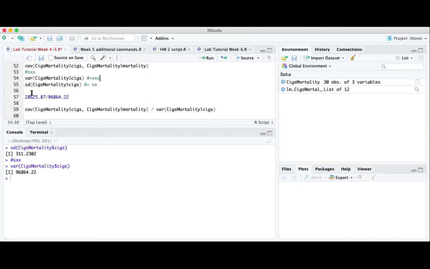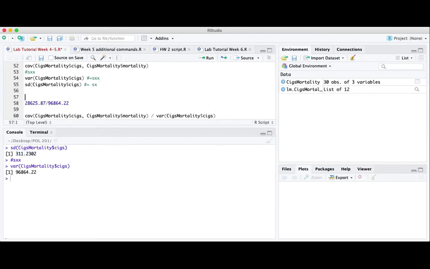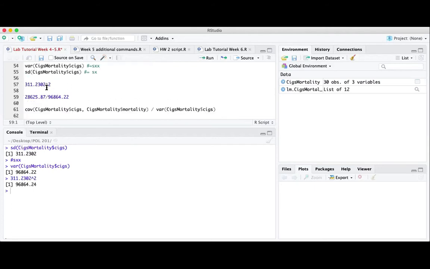That's SXX. And remember that we can actually take SX and square it. Either you write this or you simply do this. Doesn't matter which one you do, and you see that you get the same.